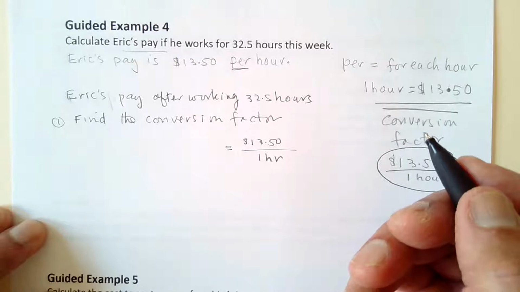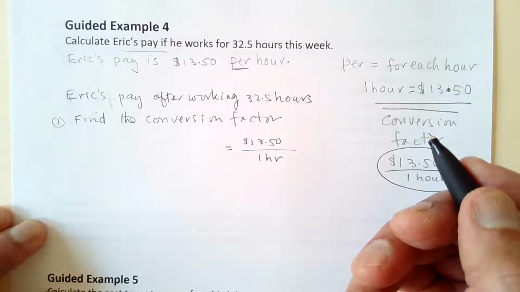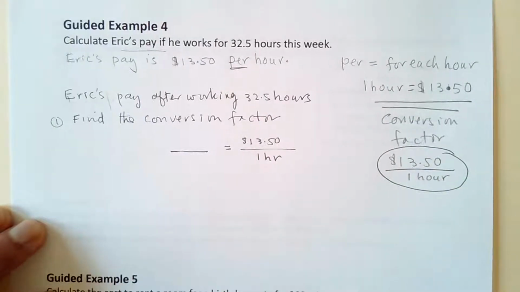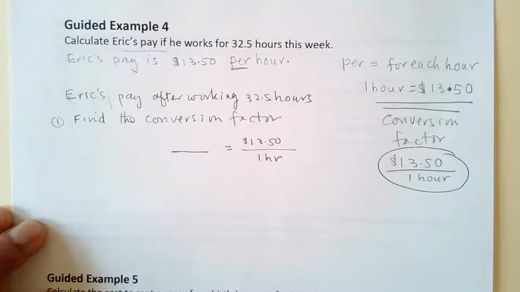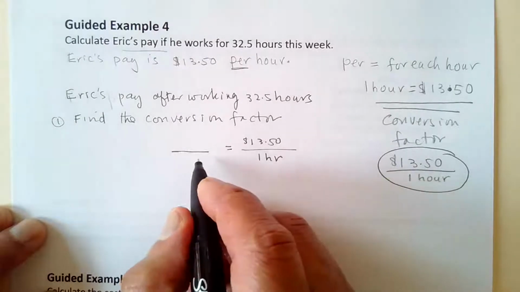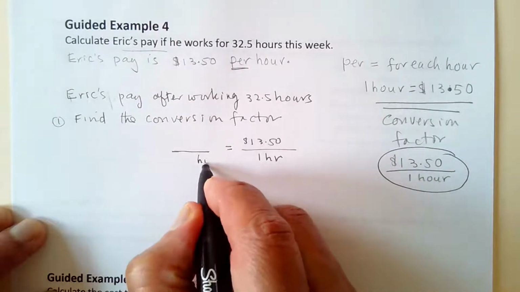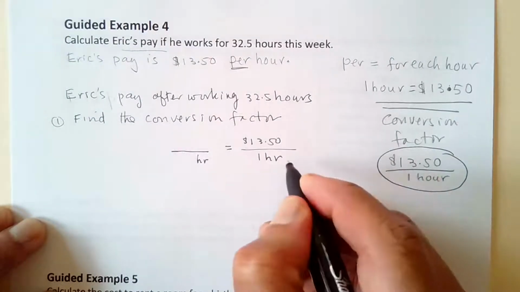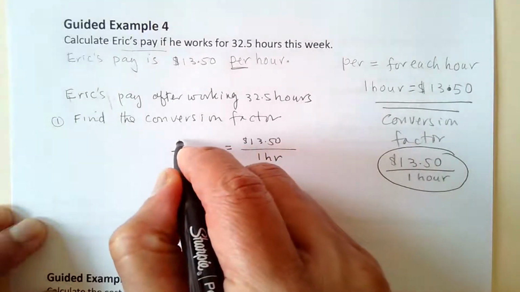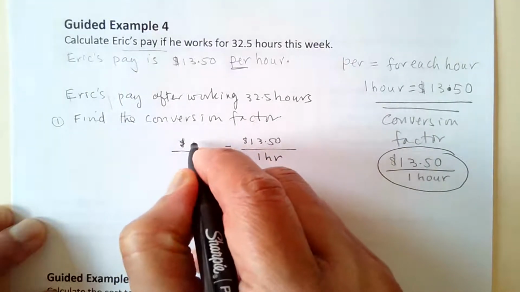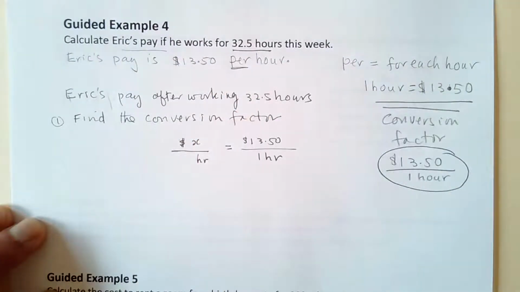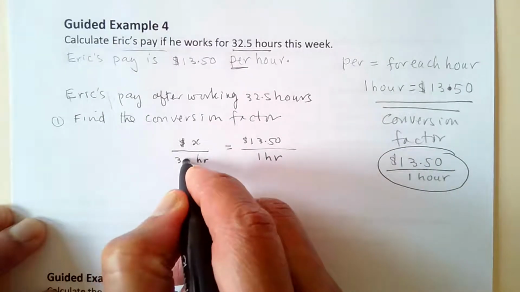Now, they ask us to find how much he will get paid. Now, we put a division line. We're creating a proportion here, an equivalent ratio. So we line up the hours, how many hours worked, and above would be how much money you'll make. So you let that be X. We're given 32.5 hours, so we match it up with 32.5.